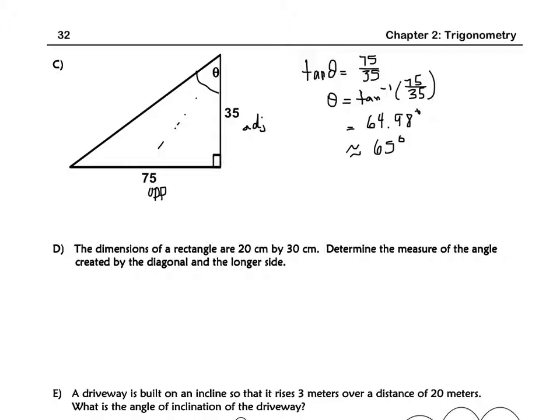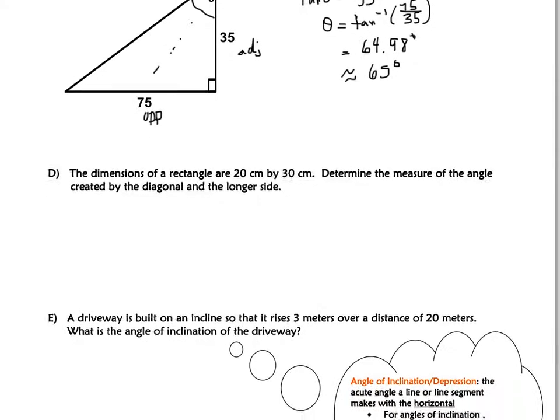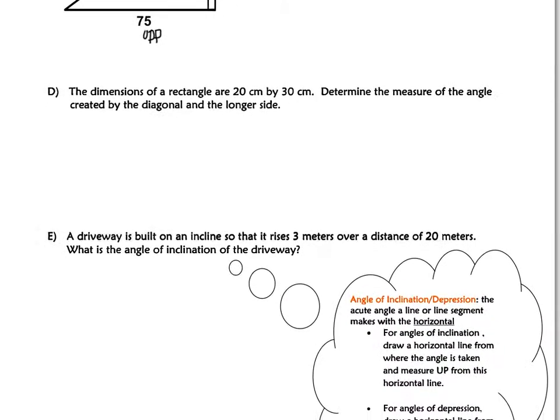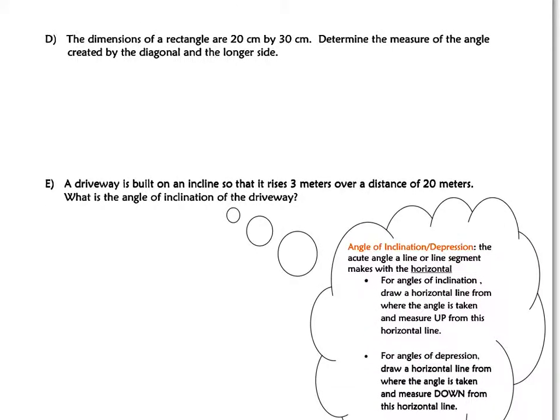Alright, the next example is a description of a rectangle, and it says that the dimensions of the rectangle are 20 by 30. Determine the measure of the angle created by the diagonal and the longer side. So we're going to just sketch a little rectangle here first, and we know the dimensions are 20 by 30.